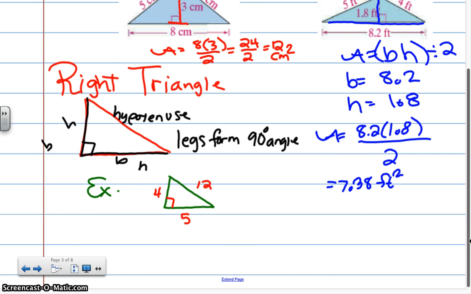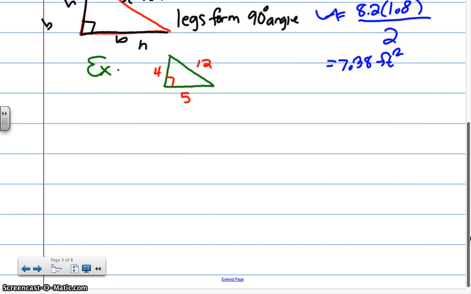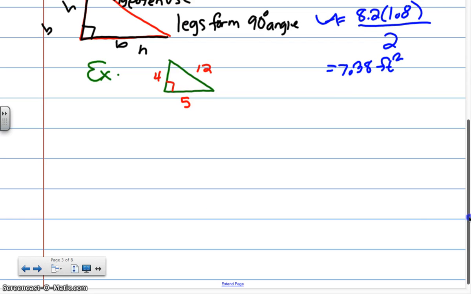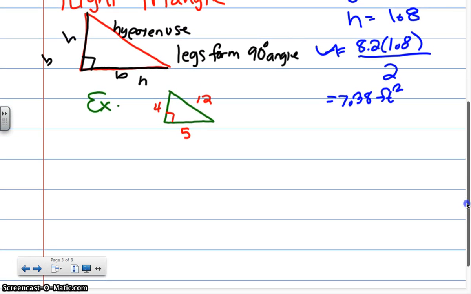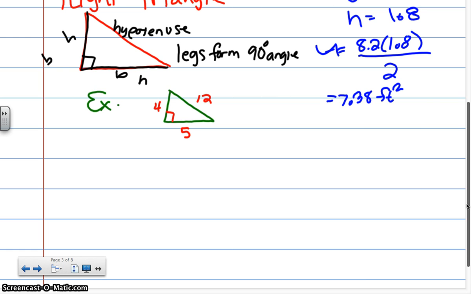So let's say I had this right triangle, and I said, find the area of this triangle. Well, it's a right triangle, so my legs are the ones that form the 90-degree angle. They are my base and height. It doesn't matter which one's which.